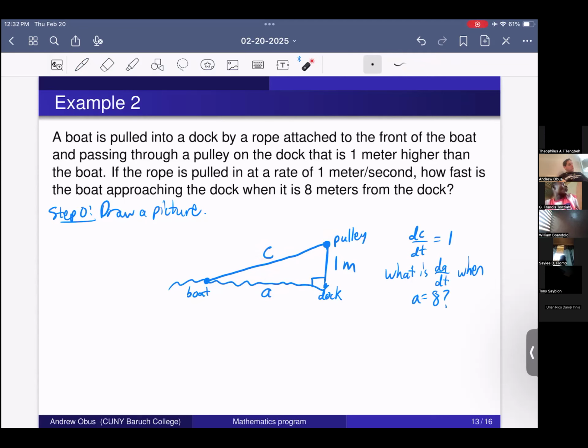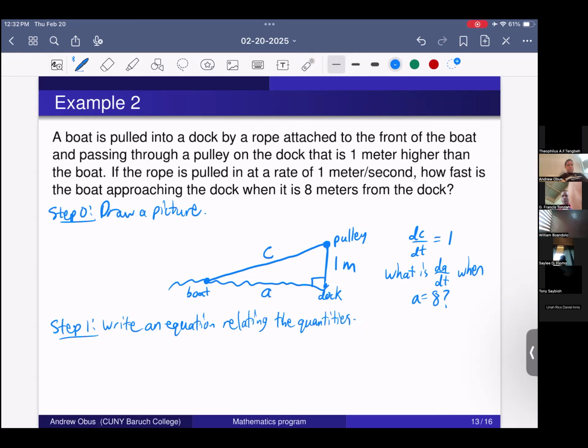Okay? So now step 1, which is what we have before, we need to write an equation relating the quantities. And so what equation are we going to be using here?